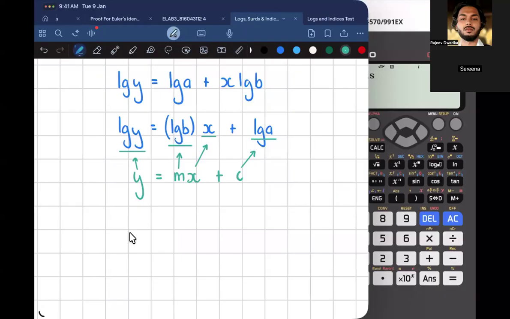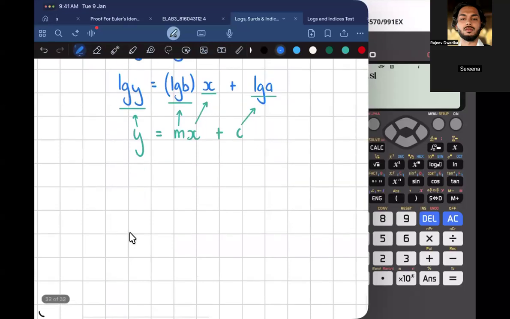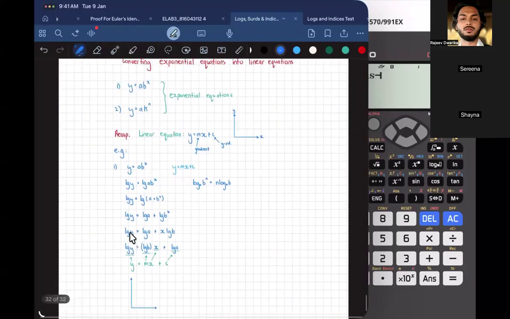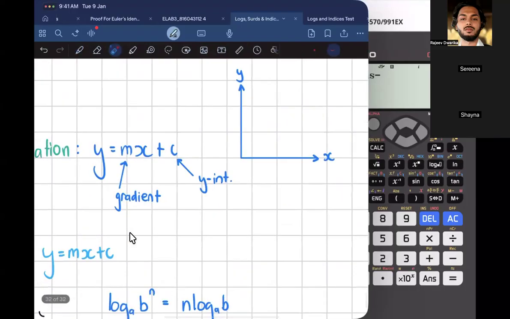Right? So if that is the case, Serena, what would be on my y-axis and what would be on my x-axis? Let me see if you can figure this one out. Try to speak up a little bit. I'm hearing you. What do you mean by what would be on the axis? Let me show you. In y equals mx plus c, whatever is over here would be on the y-axis.